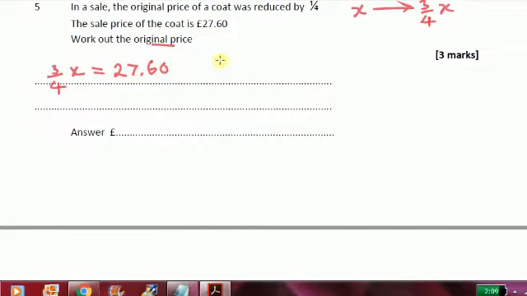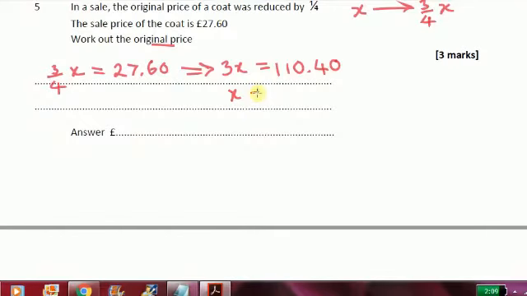And we try to tidy this up, maybe get rid of fractions by multiplying both sides by 4. I get 3x equals $27.60 times 4, which comes to, I think, $110.40. You can use your calculator. And to get x, you divide by 3.